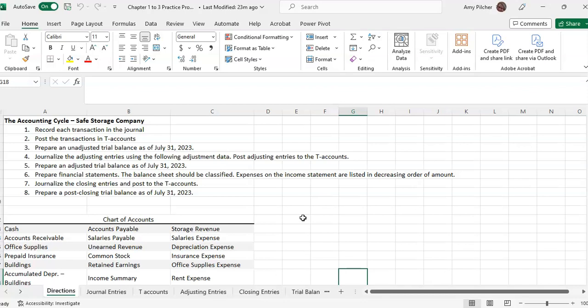If the assignment says, then go to requirement 6 and fill out the T accounts, there's a reason for that. You want to go to requirement 6 and fill out the T accounts because pulling information from the T accounts is a far easier way to prepare trial balances and financial statements than trying to put those account balances together based on journal entries.